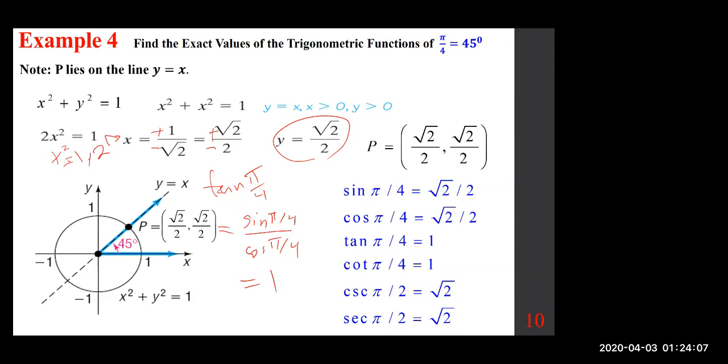Again, this is something you should know. Sine and cosine of pi over 4 is square root of 2 over 2. Tangent is 1. The rest are simply the reciprocals. All right, we're going to move on, class.